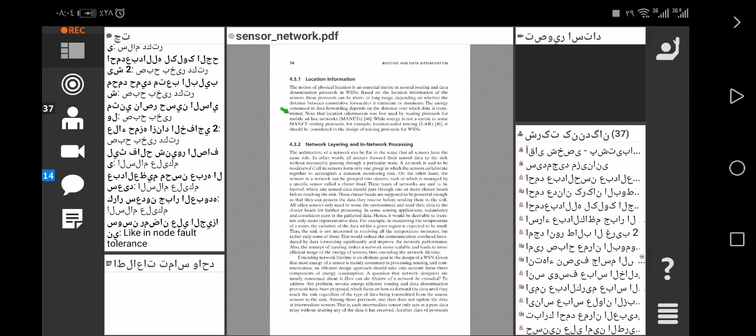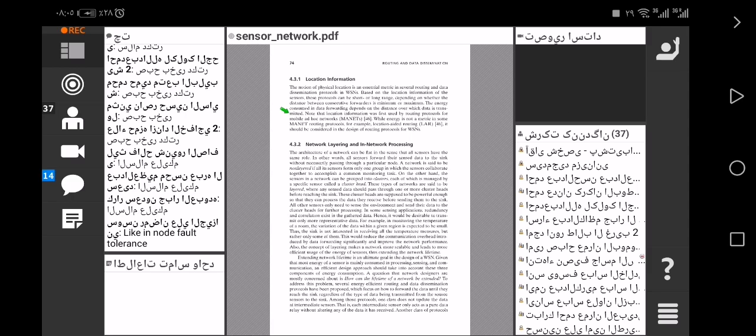Normal nodes that belong to a cluster head send their data to the cluster head. The cluster head aggregates data and then relays it to another node. So being flat or hierarchical affects our design.